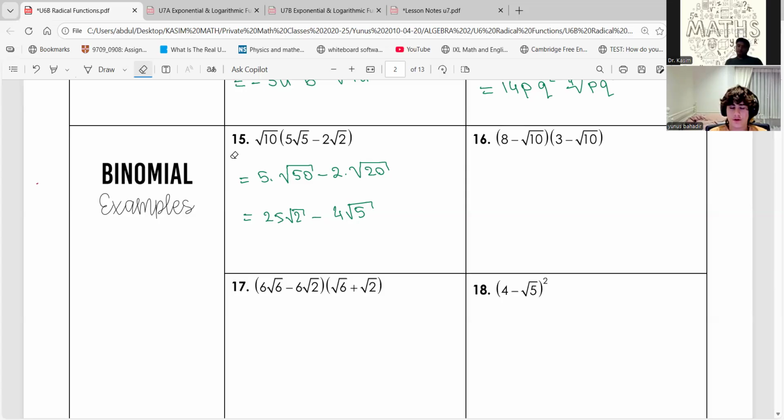Square root of 10 times square root of 10, is that just 10? Yeah, because square root of 100 is 10.